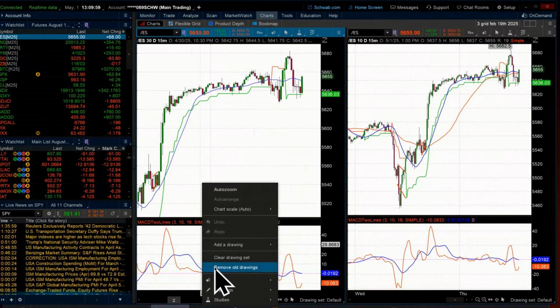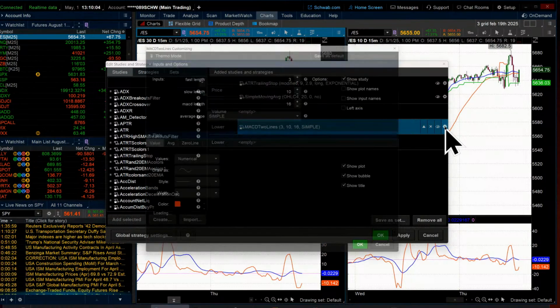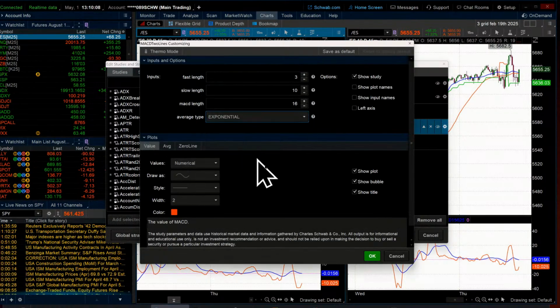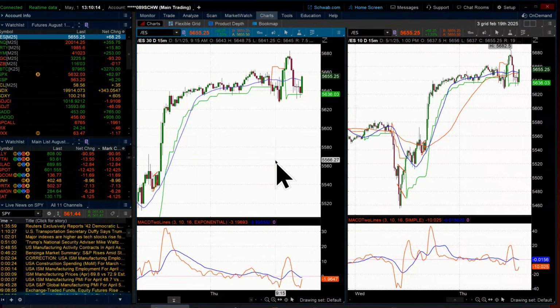And if you change the MACD to, let's say, exponential, you'll see it's extremely similar. Yeah, it's still oversold. So the whole point is it's oversold at support, so you don't play it to the downside.